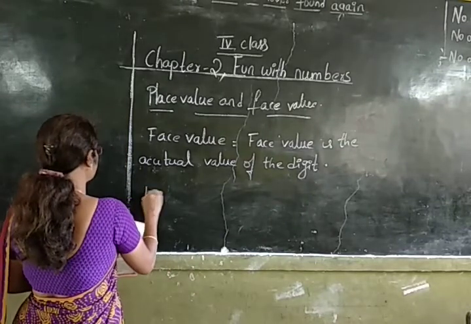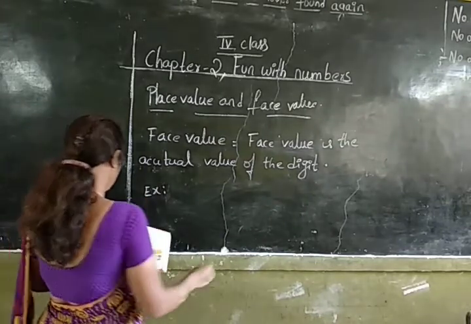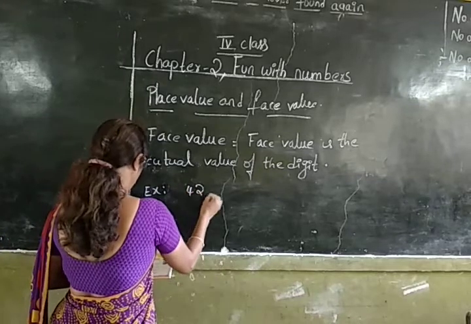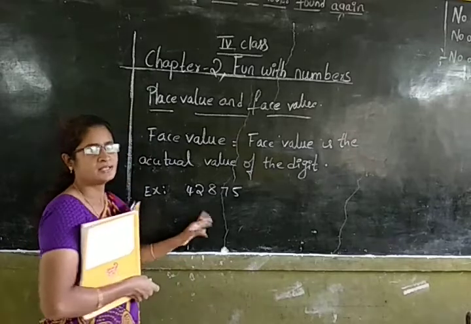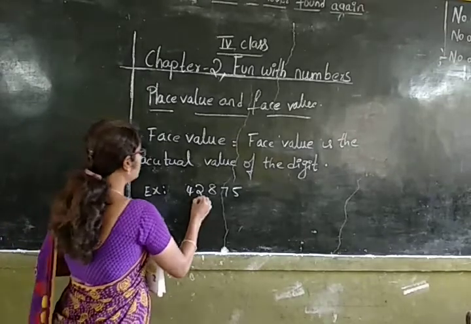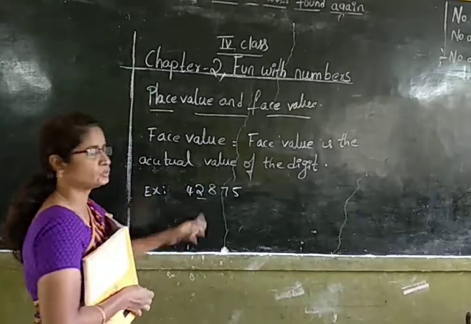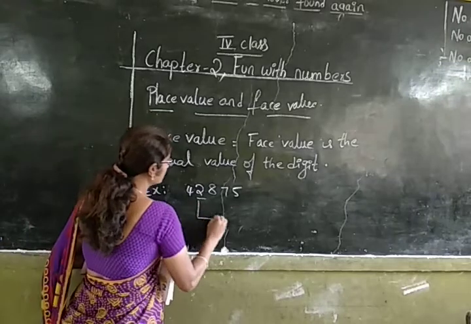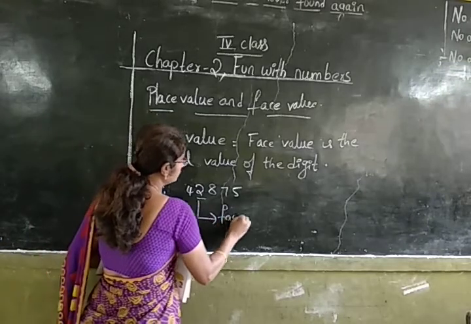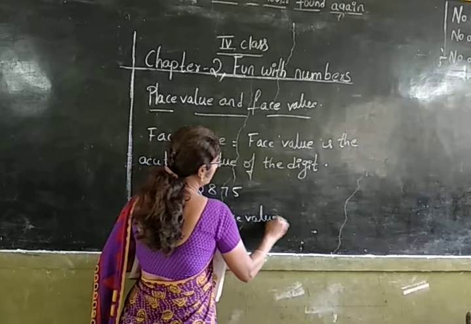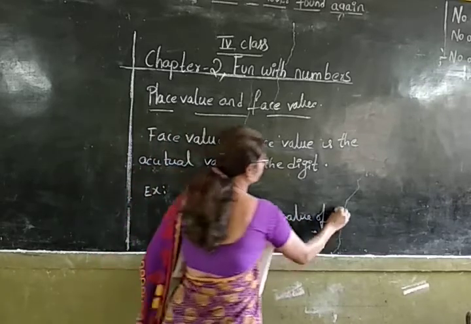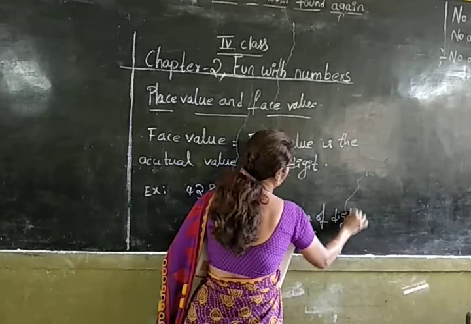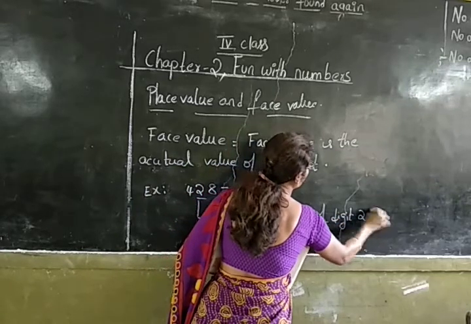Let us take an example: 42,875. Now let us take the digit 2. What is the face value of the digit 2? The face value of the digit 2 is 2.